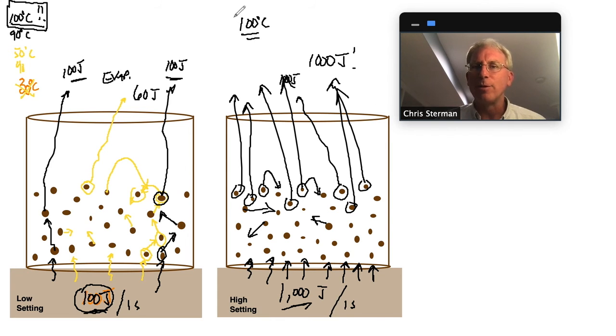Because the temperature is going to stay at 100 degrees Celsius the entire time this thing is boiling. So I can't get above 100 degrees Celsius if I have liquid and the vapor at the same time, because for every joule that I push in, another particle leaves.